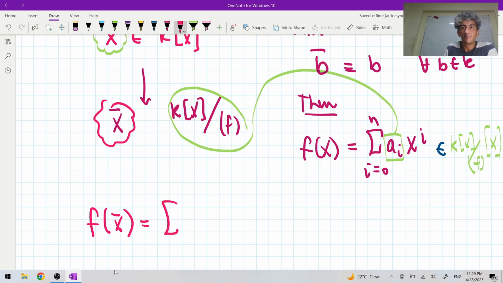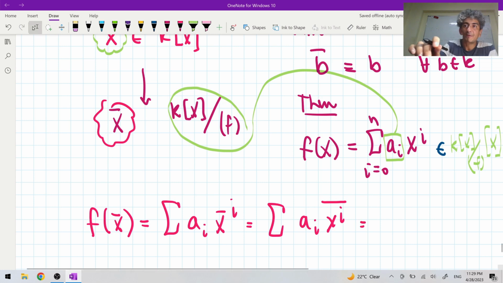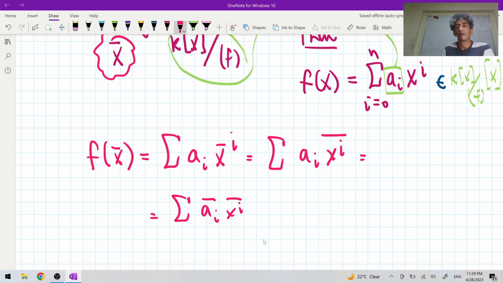This is simply, by substitution, the sum of a_i times the class of x to the i-th power, because class commutes with products. And now you remember that the constants are the classes of the constants. And you remember that classes are compatible with products again, and classes are compatible with sums.